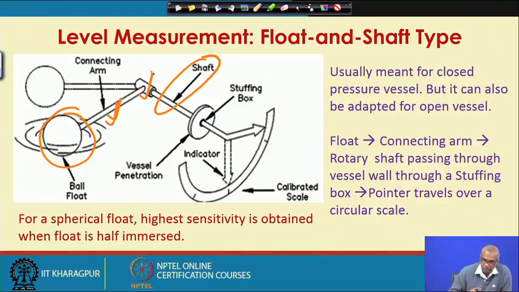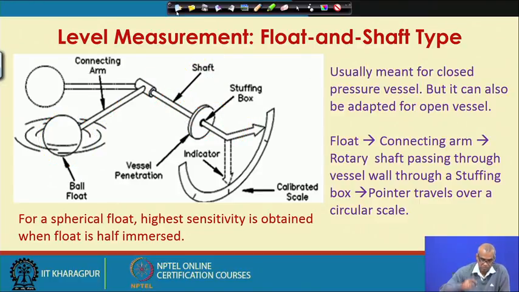This rotary shaft passes through the wall of the tank through a stuffing box, and the other end of this rotary shaft is connected to a pointer which will travel over a circular scale. So, as the float changes its position, the rotary shaft will cause the pointer to travel against the circular scale.